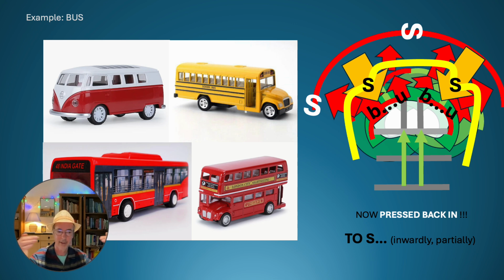So it's divided and it's going back into this division, where it sinks in a little bit and the rest is being pressed out. And that's almost like every form of a bus, especially this yellow bus fits also quite well.